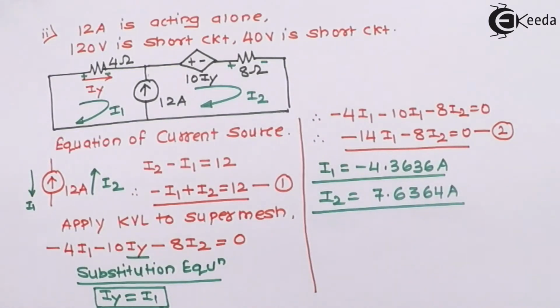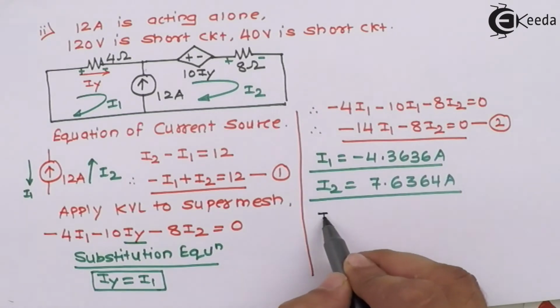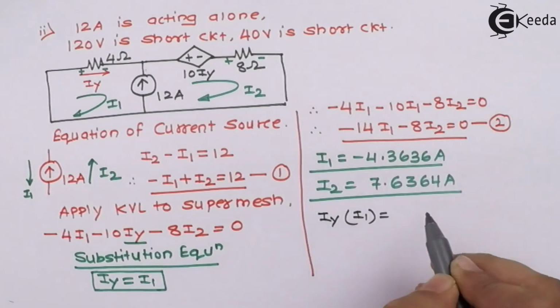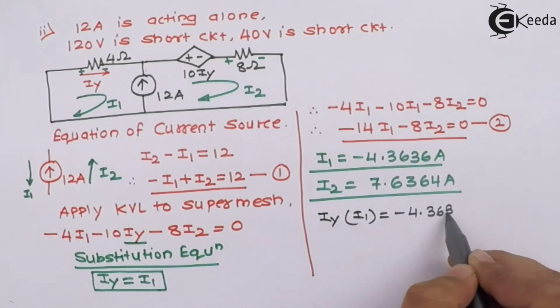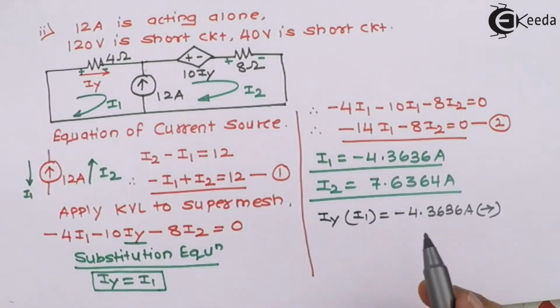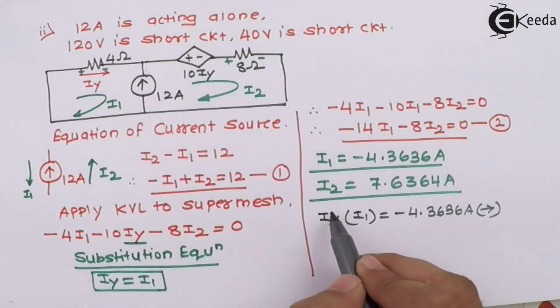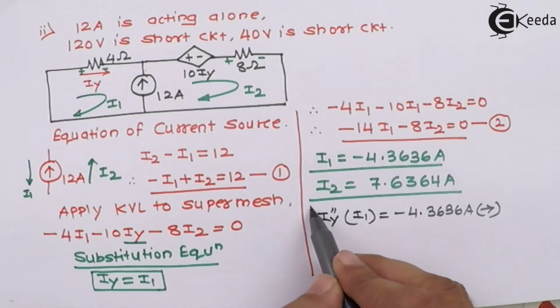Now our objective is to get the IY, and IY is nothing but I1. So I can say IY, same as I1, equal to minus 4.3636 ampere. The current direction will be maintained as it is, and this is because of the second source, 12 ampere, hence we'll mark it as IY double dash.